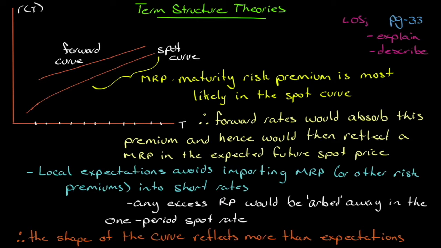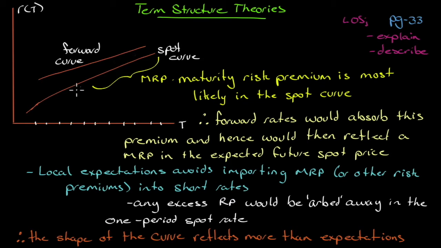Well, we have to understand why the forward curve is not an unbiased predictor, that it is a biased predictor. When we move out in terms of maturity, there'll be a maturity risk premium built into the spot curve. It is built into these prices.